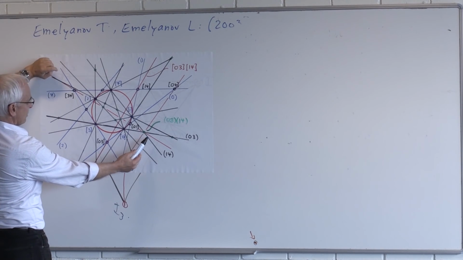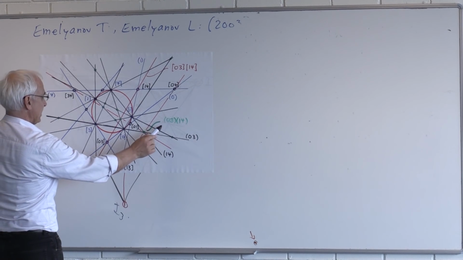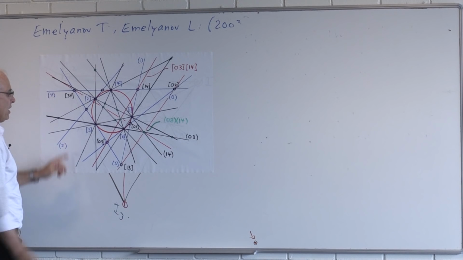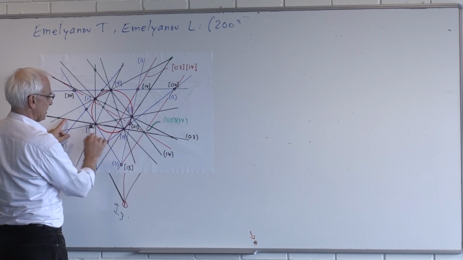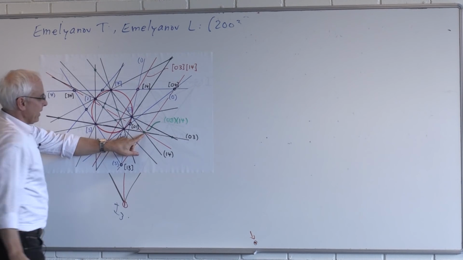This point here, I've got it labeled here, (0, 3)(1, 4). It's the meet of this diagonal line (0, 3) and the diagonal line (1, 4).